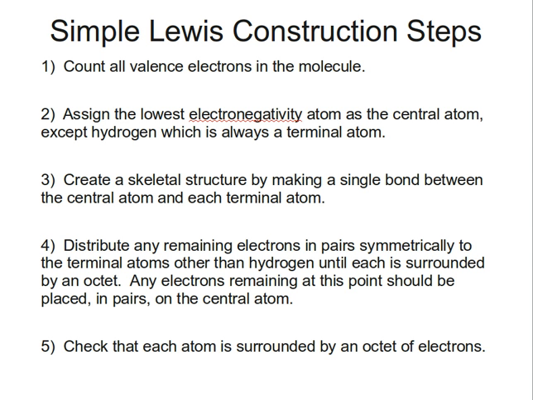Distribute any remaining electrons in pairs symmetrically to the terminal atoms other than hydrogen until each is surrounded by an octet. Any electrons remaining at this point should be placed in pairs on the central atom. 5. Check that each atom is surrounded by an octet of electrons. The next presentation will present examples of Lewis structures that violate the octet rule.